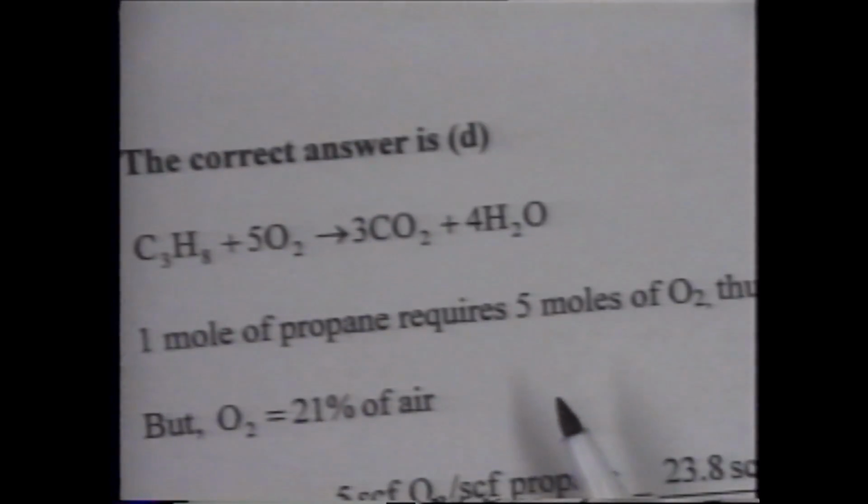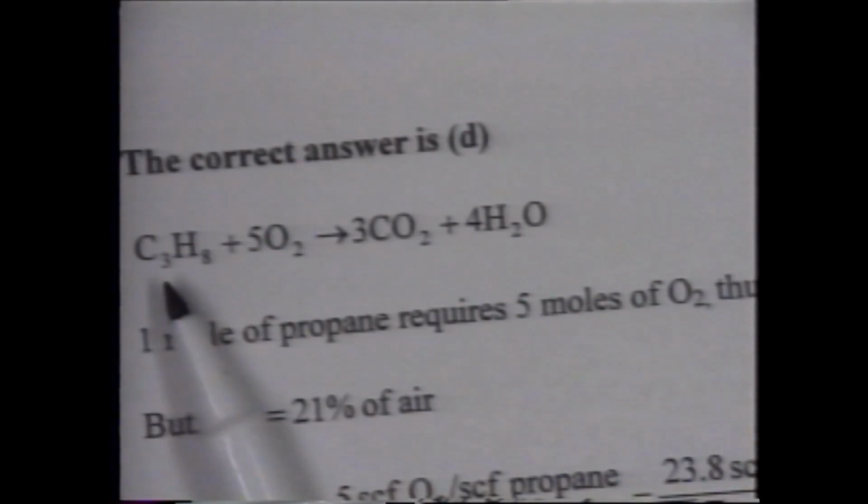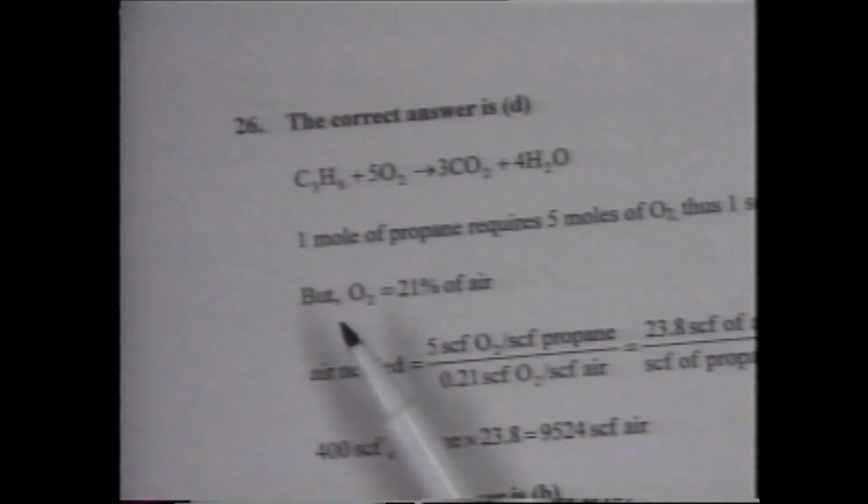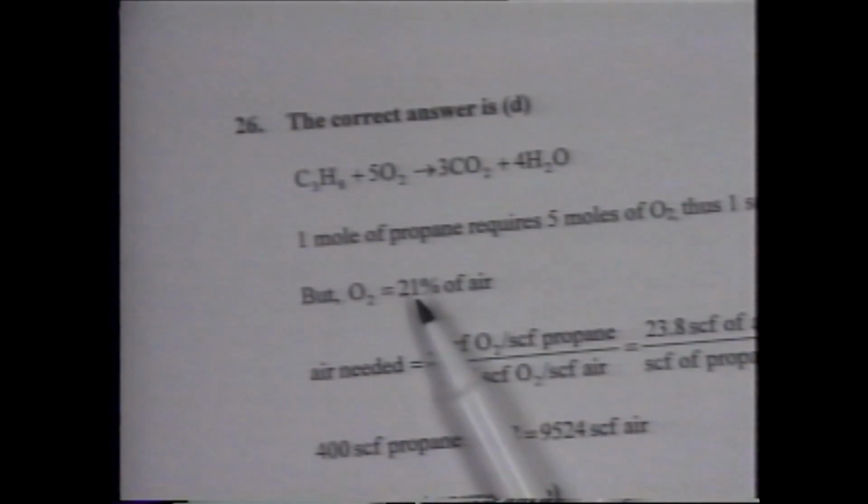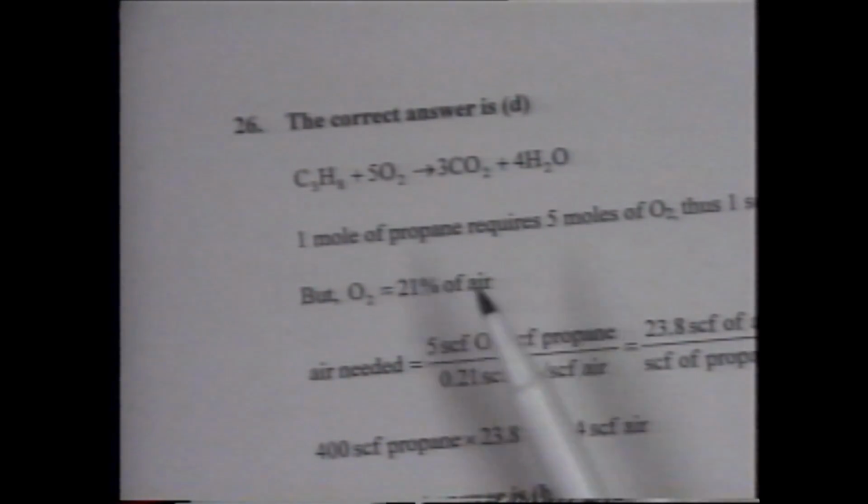Now, from here we can immediately see that 1 mole of propane requires 5 moles of oxygen. And since gases behave in the same proportions as volume as moles, we can simply conclude immediately that 1 standard cubic foot of propane needs 5 standard cubic feet of oxygen. Of course, we're not using pure oxygen, we're using air, and oxygen is 21% in air.